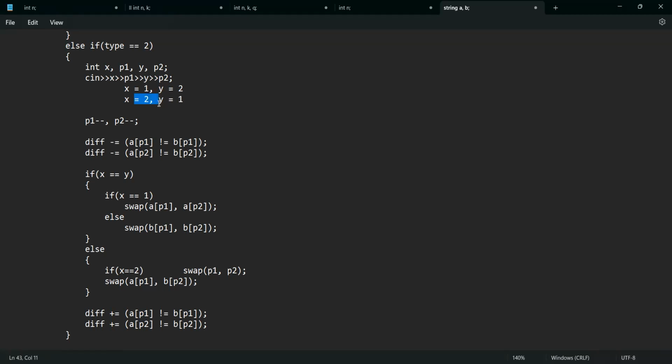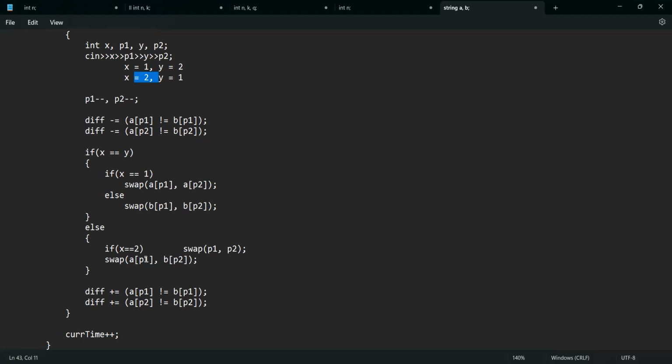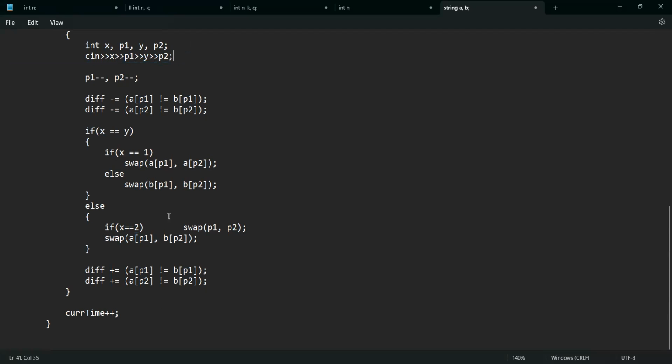So if x is 2, for that case I'm swapping my p1 and p2, and then I can just swap the characters, p1 with the character for a and p2 with the character for b.